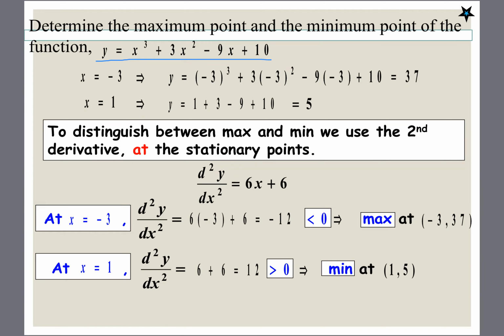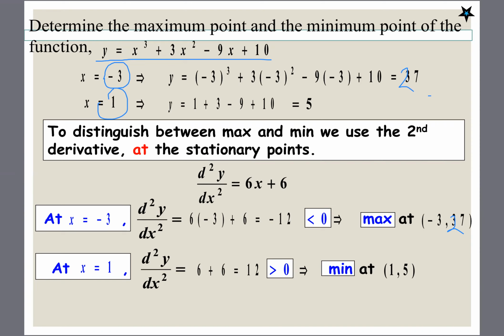After we differentiate this function, we got the x values. There is a typing mistake here.